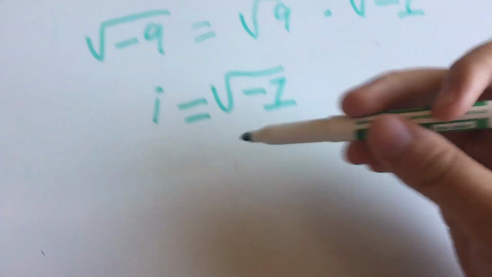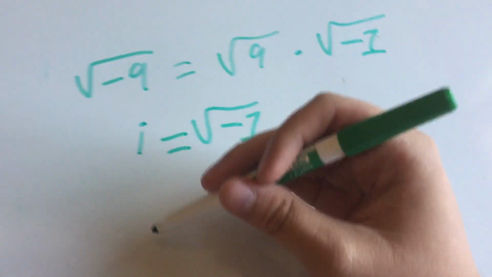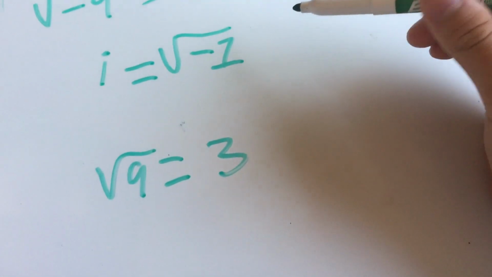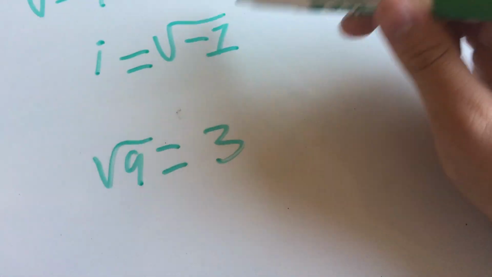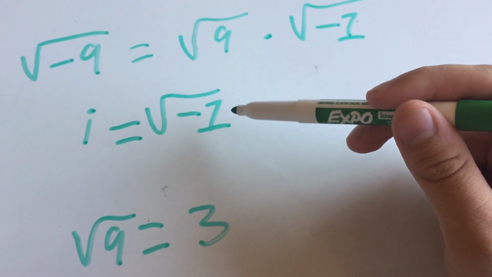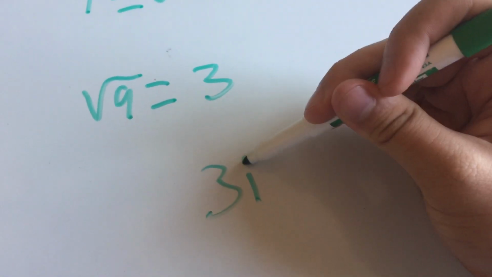The square root of 9 is 3, so your answer should be 3i.